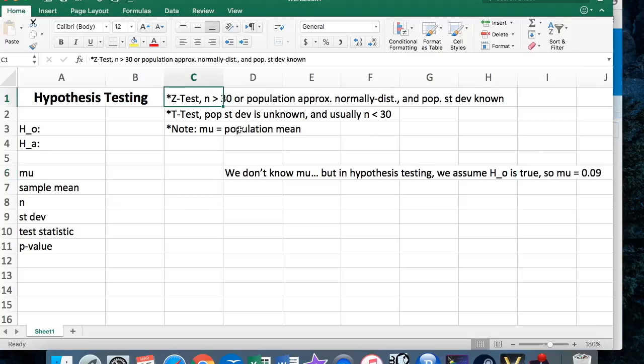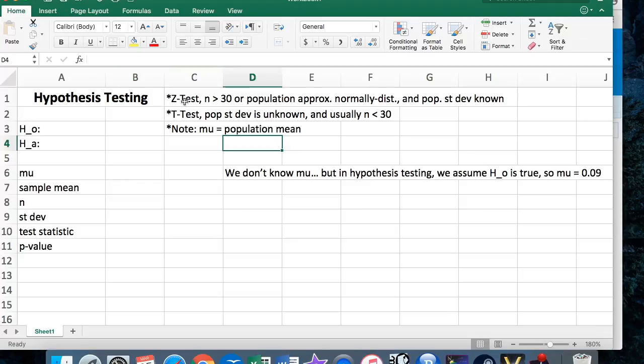So a z-test you can use if basically the central limit theorem applies, right? Which means n is either greater than 30 or your population is approximately normally distributed. If you have one of those two working, then you might be able to use a z-test.